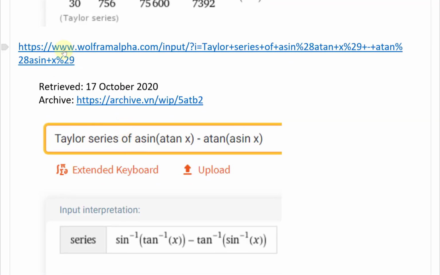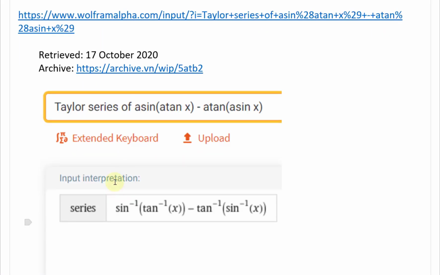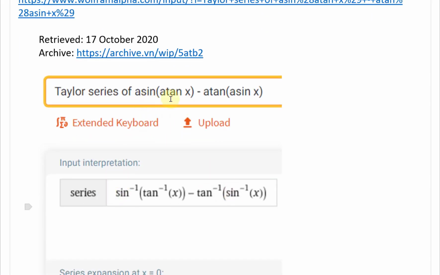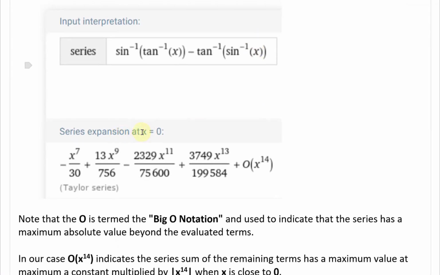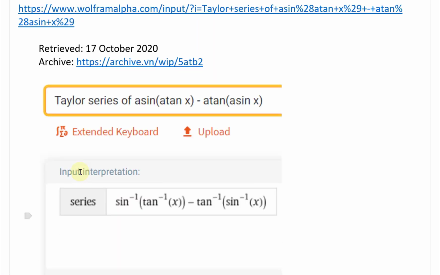And then if you do this for the denominator, we get the Taylor series of arcsin(arctan x) minus arctan(arcsin x). You can just put asin for arcsin, same thing as inverse, and it automatically shows you this. Then the Taylor series expansion at x equals 0, that's just a Maclaurin. We get negative x to the 7 over 30, so it's similar to this one.